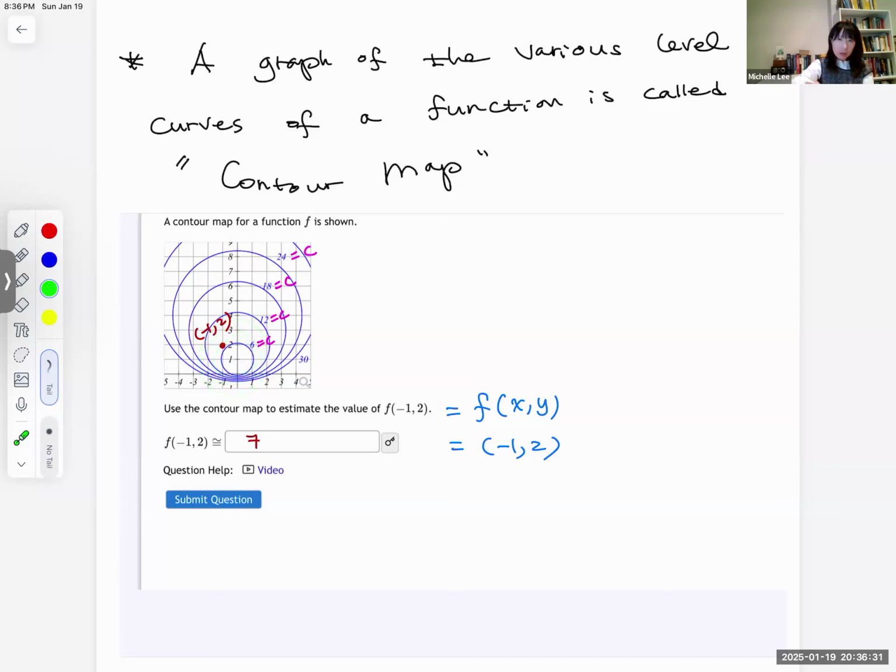Oh, so let me draw better. So 7, 8, 9, 10, 11. Yeah. What do you think? Okay. 7. Okay. All right.